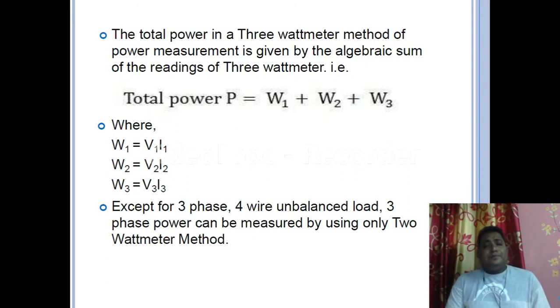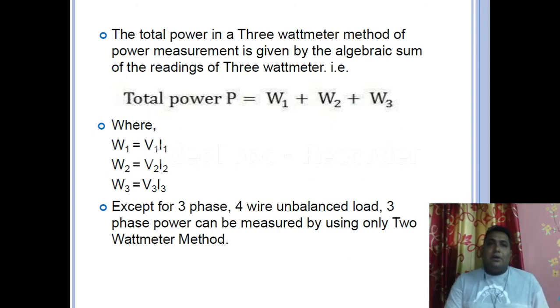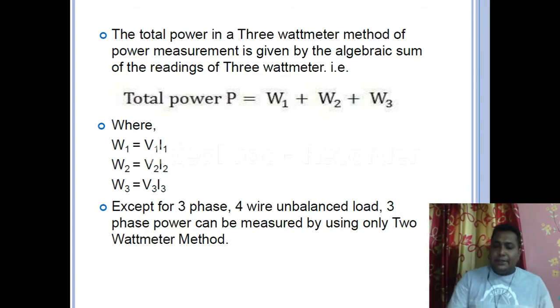Here, where we need a three-phase 4-wire system, we basically use an unbalanced system, obviously, so we use the three wattmeter method. But at the experimental level, in most cases, we use the 2 wattmeter method. So next we are going to do the 2 wattmeter method.